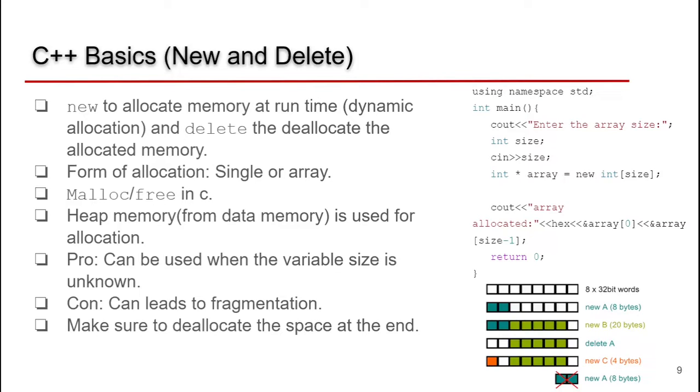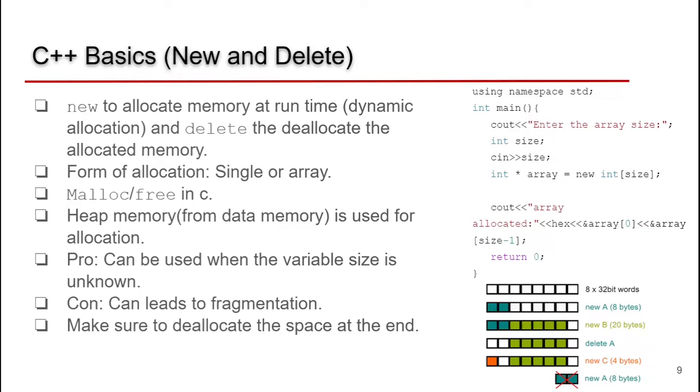You already know this term, word? Byte is 8-bit. 32-bit is called a word. So each word equals 32-bit. So here we have 8 words, or 8 multiplied by 32-bit.